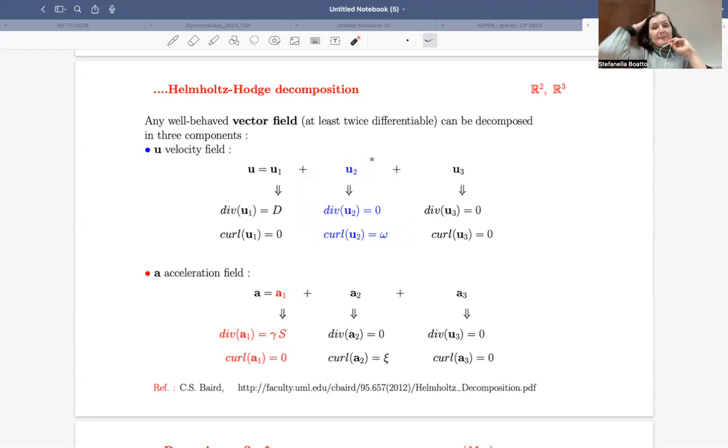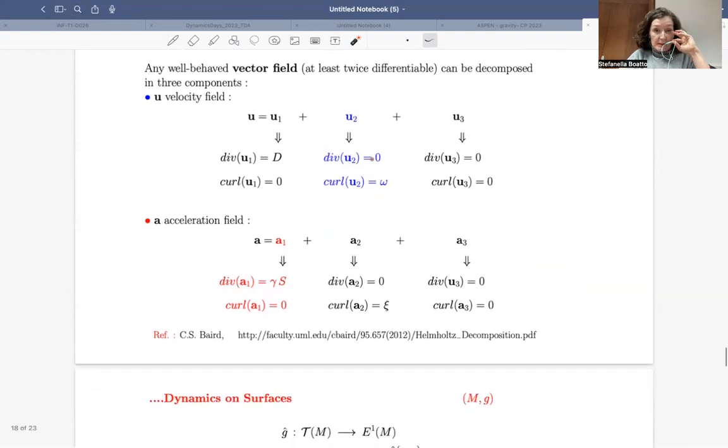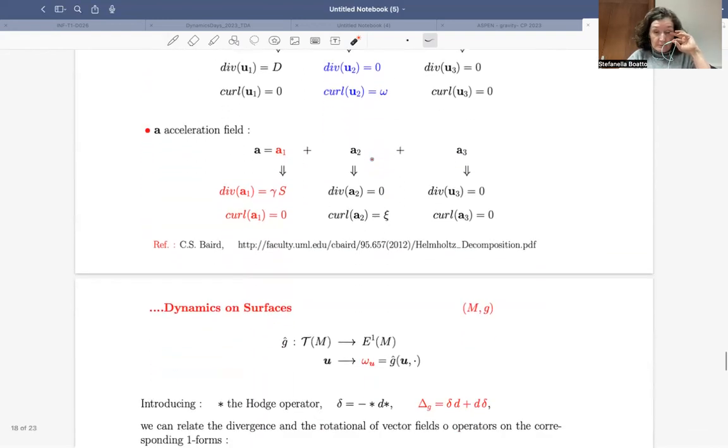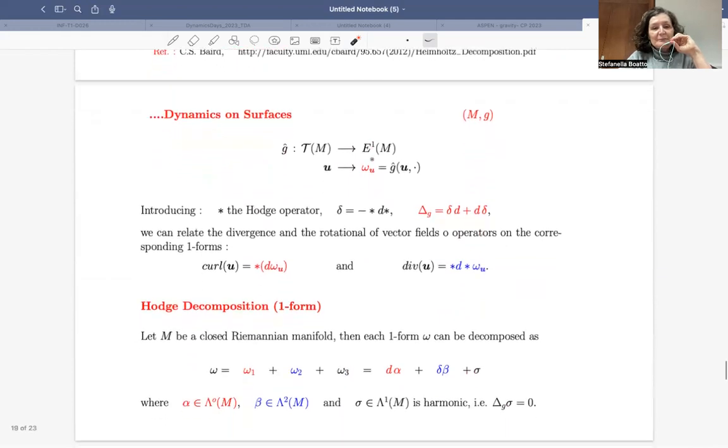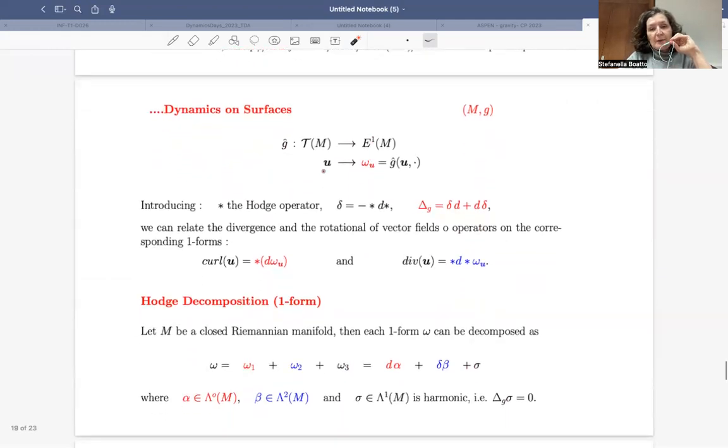That would be this. And now the same theorem for compact surfaces, where we can map our velocity field.